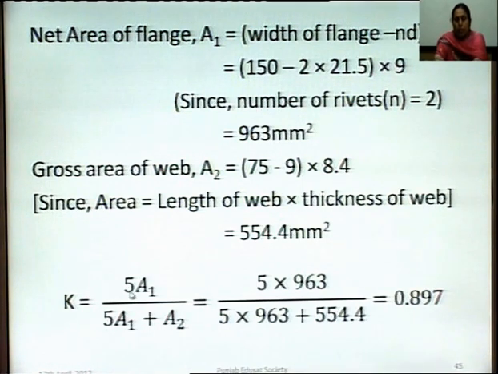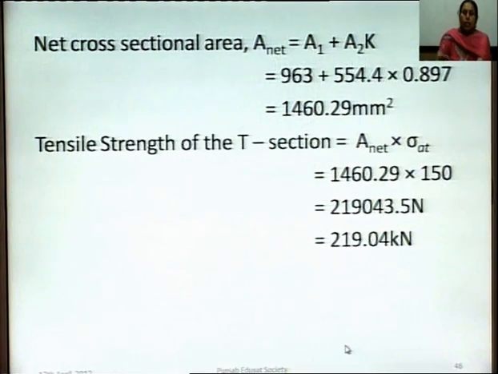Then K will be 5 A1 over 5 A1 plus A2. So, it will be 0.897. Then the net sectional area will be A1 plus A2 K, that is 1460.29 mm square.